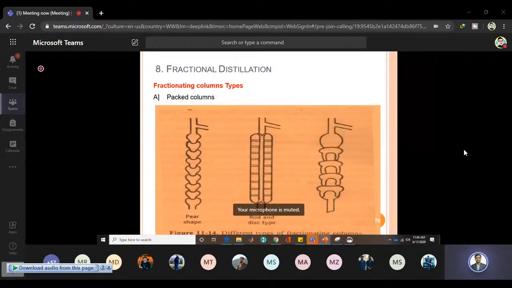Here you can see some of the different shapes of packings. One you can see with the pear shape. Another is a rod and disc type. It will have rods and discs.